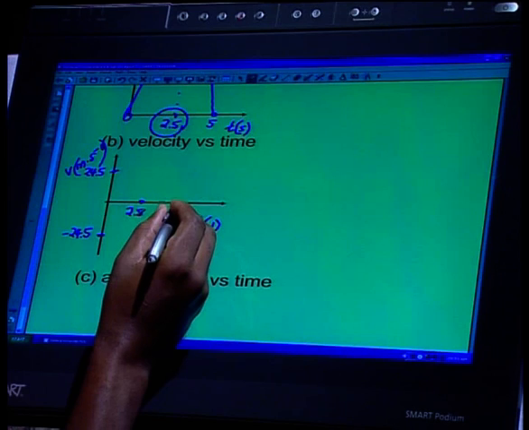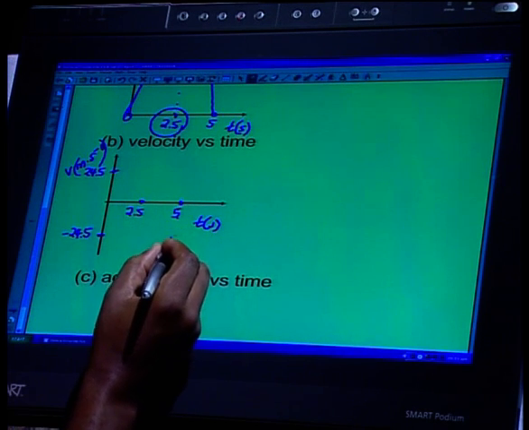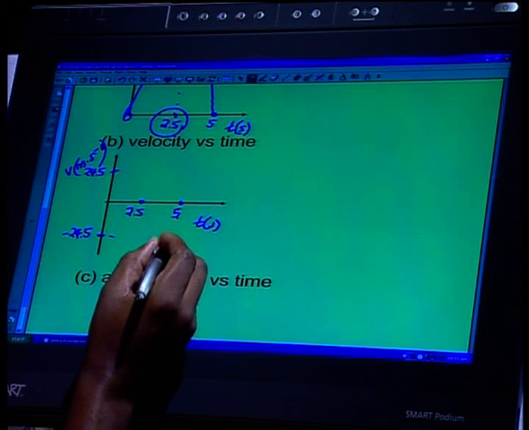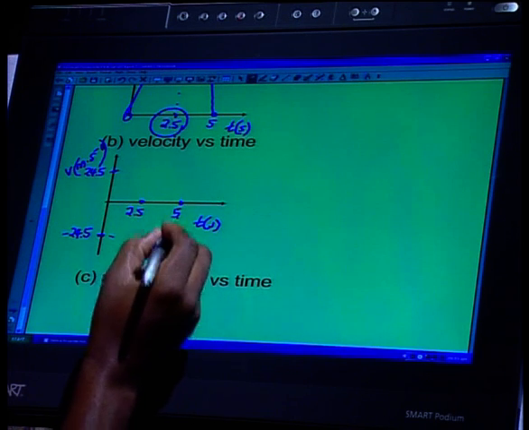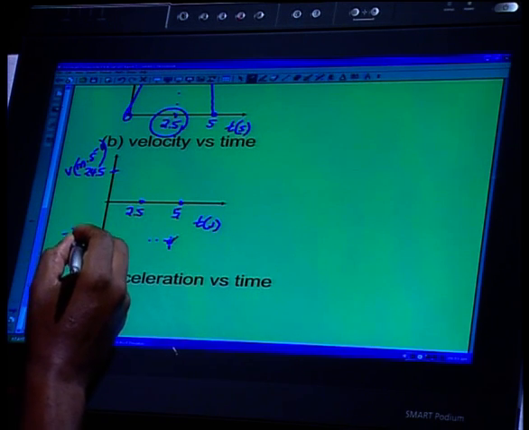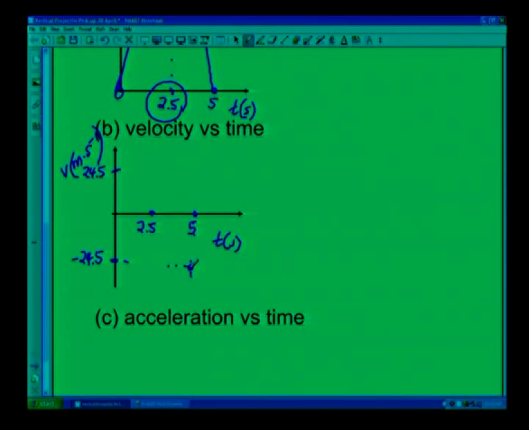Now, the points here, if you were to plot them: there is minus 24.5 meters per second when the time is 5 seconds, and 0 meters per second when the time is 2.5, and your initial velocity of 24.5 meters per second at the beginning.